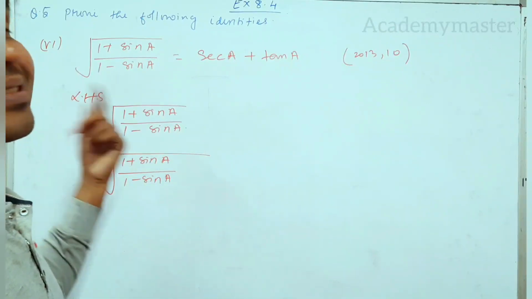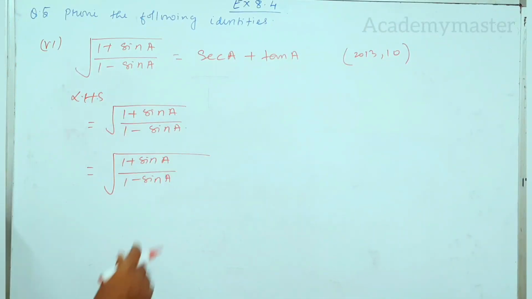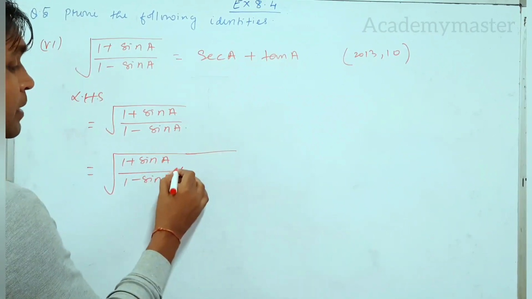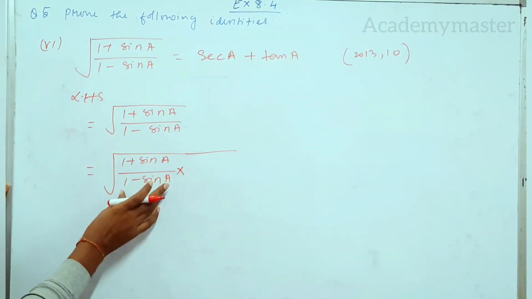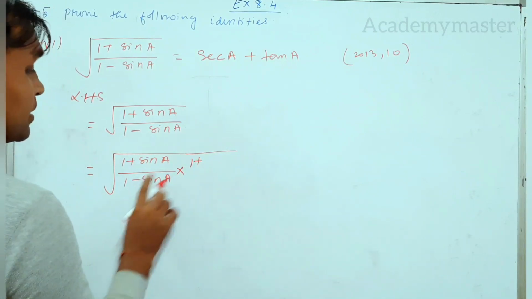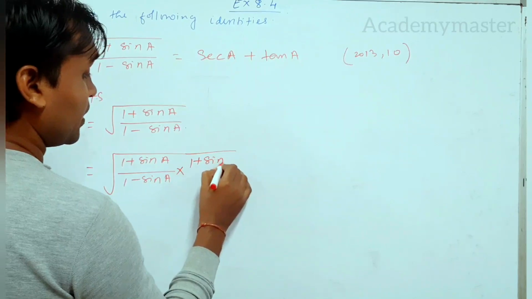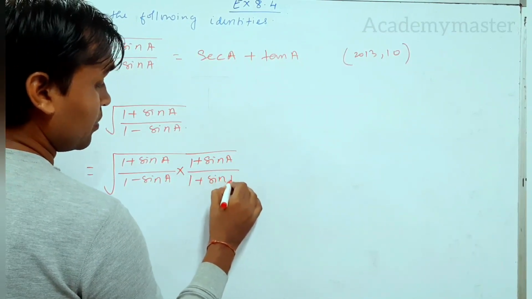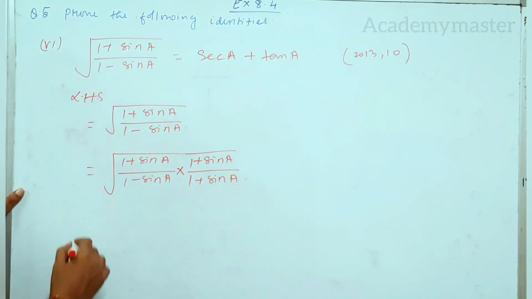What you have to do is rationalize the denominator. Rationalizing means change the sign of the denominator and multiply numerator and denominator both. Minus is there, I'll make it plus, and multiply up and down. That is called rationalizing.